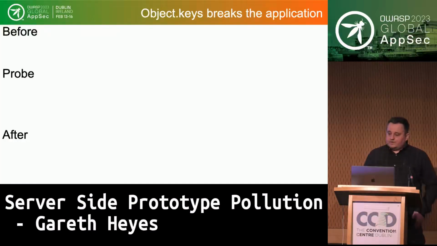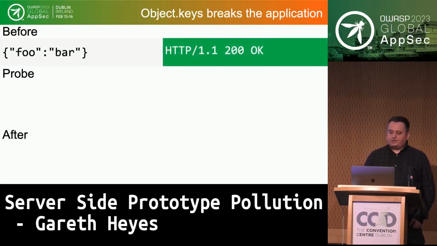So after many failed attempts, I decided to take a different approach. This technique changes the methods on the object constructor. So when you've got a function called Object.keys and you call that method, it changes one of those methods. Before the probe, we've got some JSON and we get a 200 back. So we've just sent some valid JSON, get 200 back.